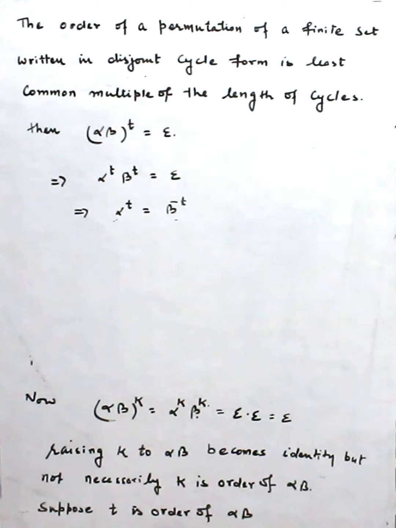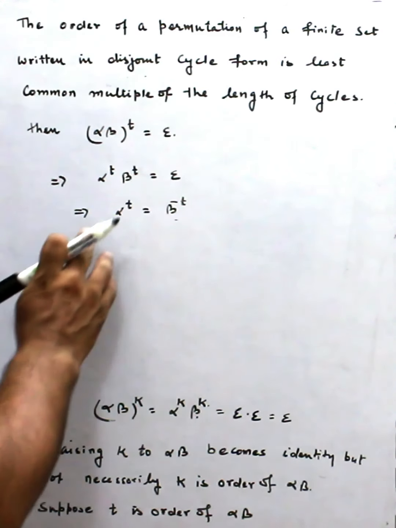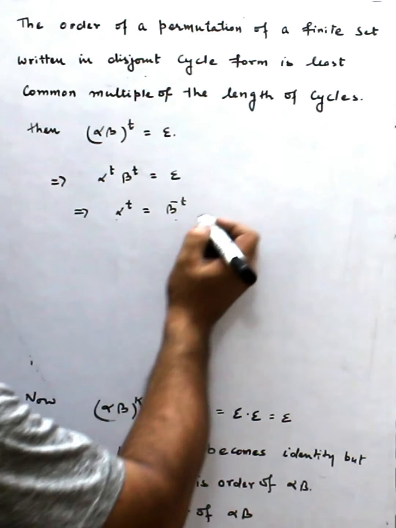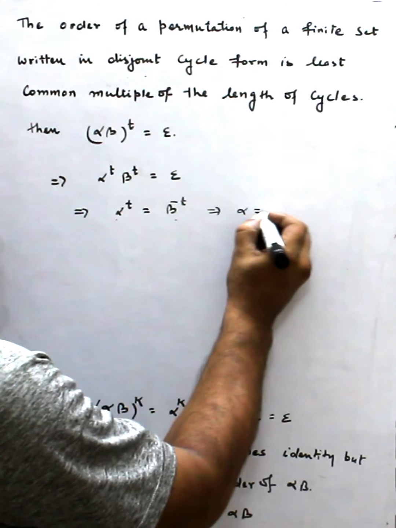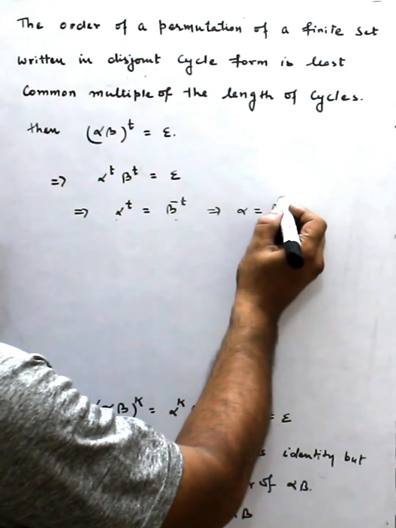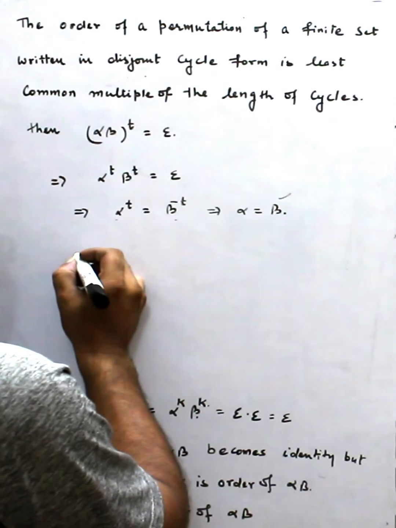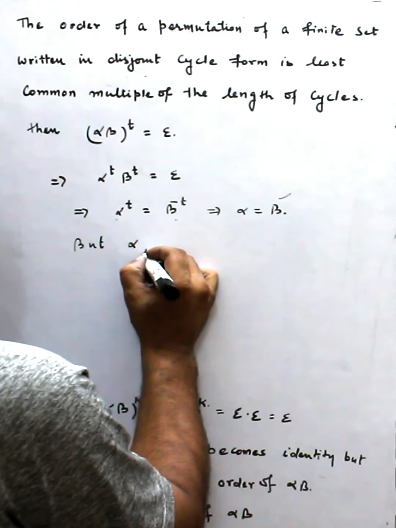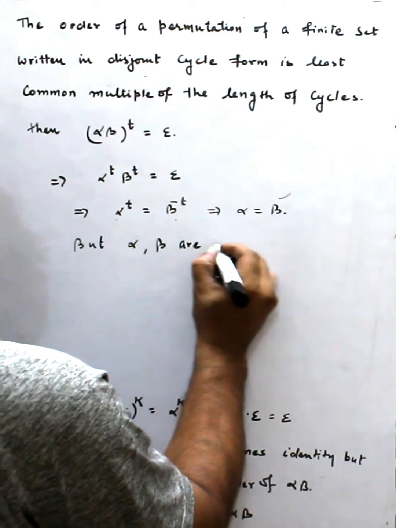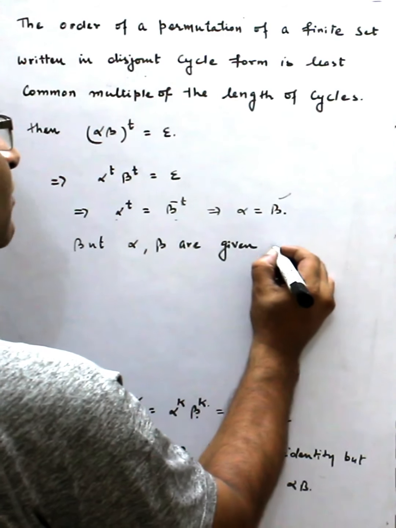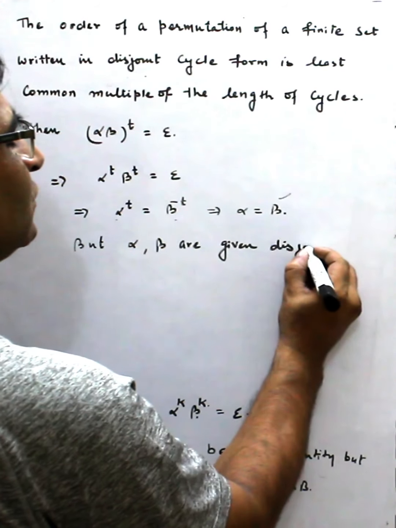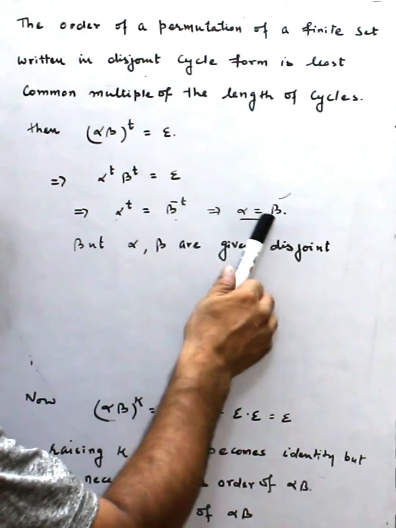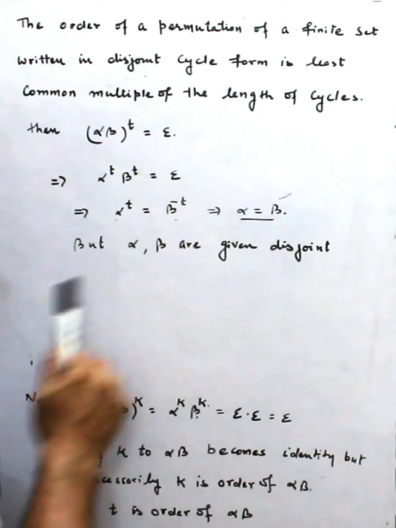So here what we notice is that if some power of alpha is equal to some power of beta, either negative or positive, that means they have some equal elements, right?